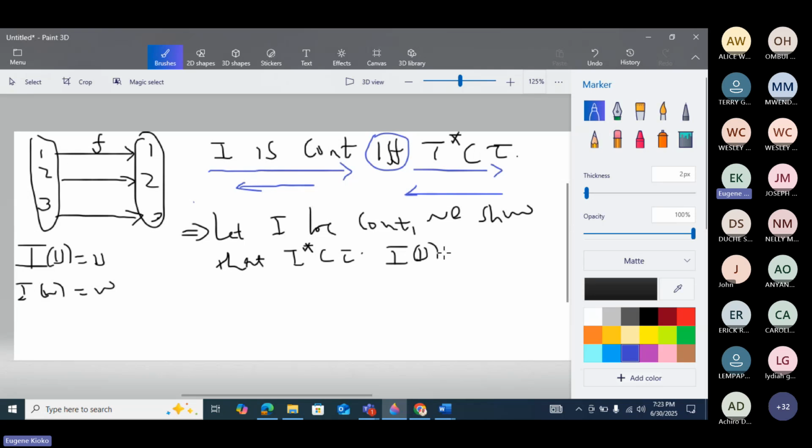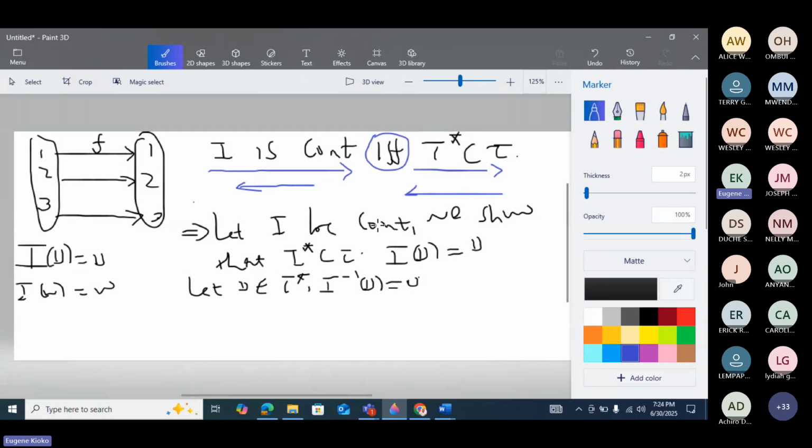Therefore, U is mapped to U. And if I pick an element in tau star, let U be in tau star, what will be the inverse of U for an identity function? What will be the inverse of U? U. Good. The inverse of U will still be U.